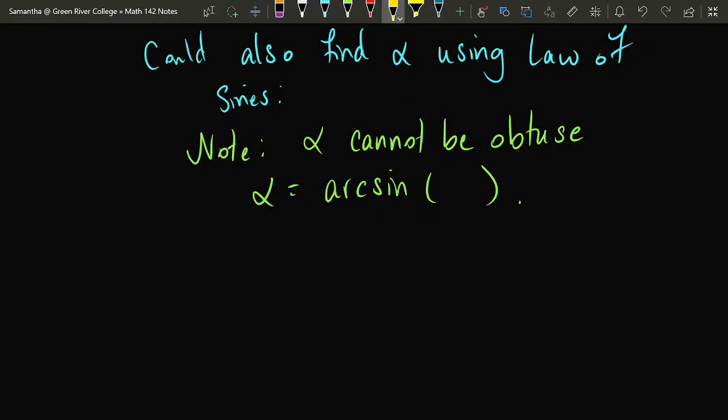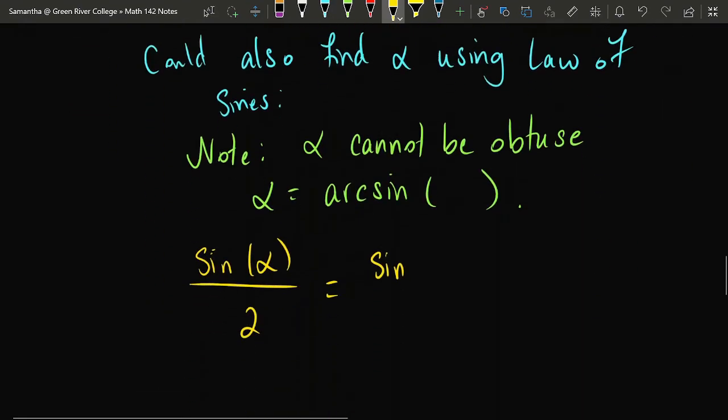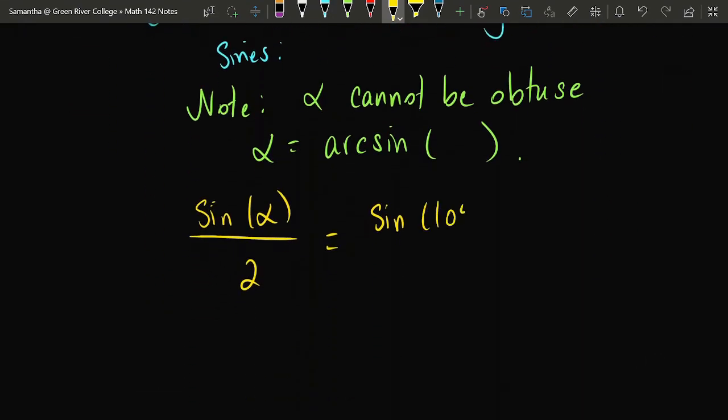I'll use the law of sines that has alpha and a in it, a being 2, and now that we know the value of gamma, we can set that equal to sine of 104.5 degrees over c, which was equal to 4.